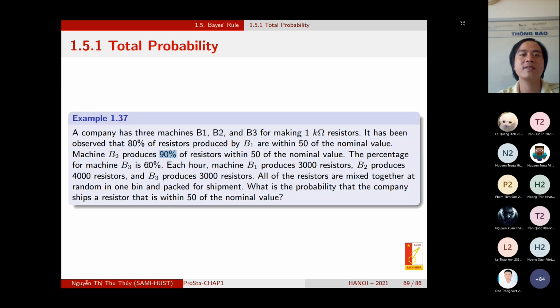Machine 3 is only 60%. So what does it mean? If we consider a good one, it is more likely to come from machine 1 or machine 2 than from machine 3.